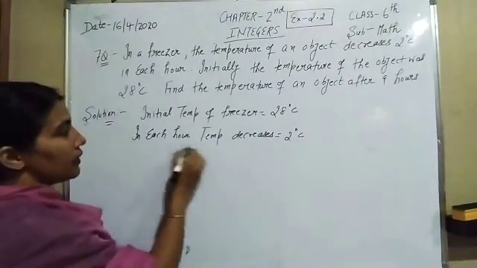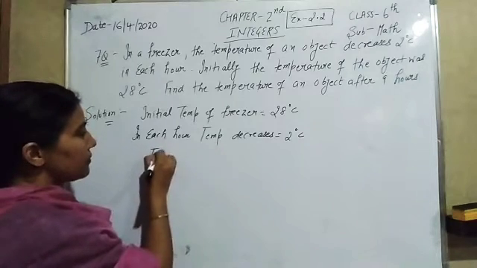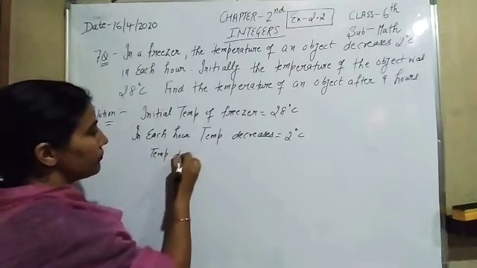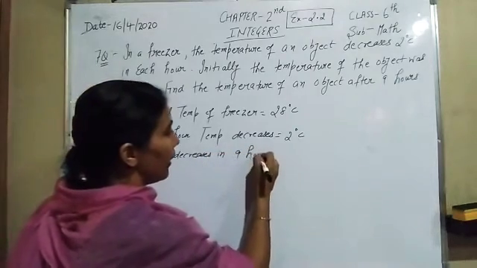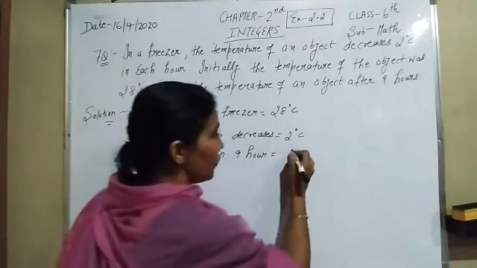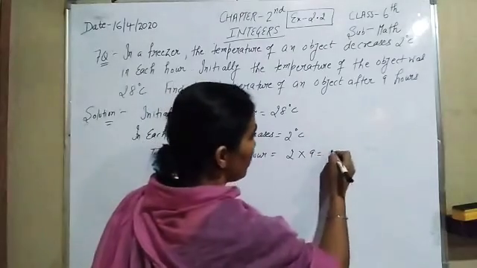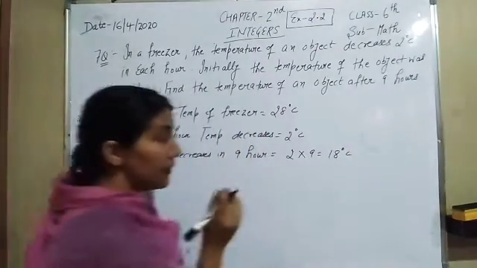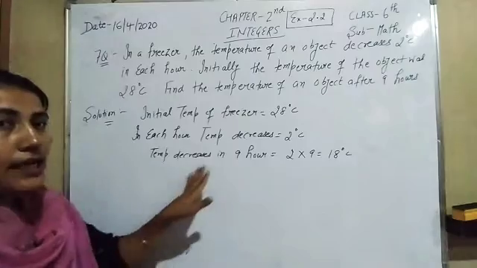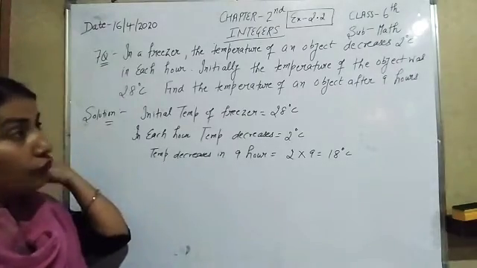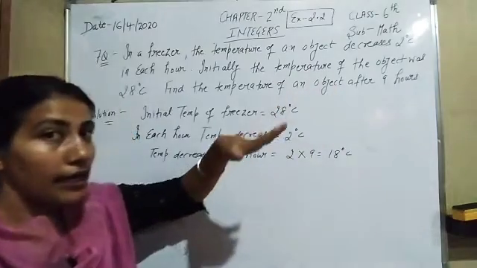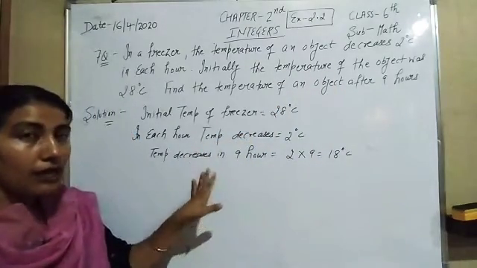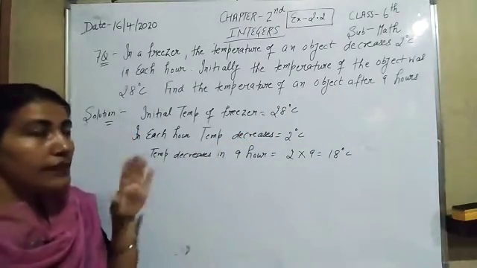That means temperature decreases in 9 hours, that is equal to 2 multiplied by 9. That means 18 degrees Celsius will be decreased after the 9 hours. Now what we have to find out? Find the temperature of an object after 9 hours. That means we have to find out what will be the temperature after the 9 hours.